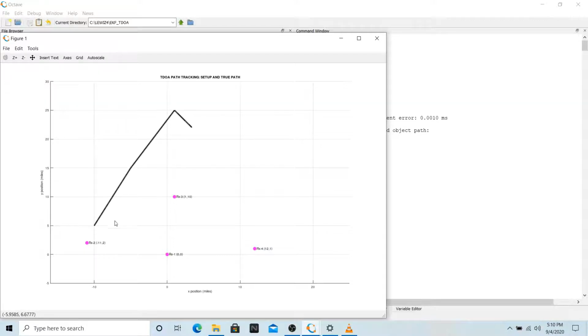The black line in the graph shows the true object path generated by the program. The magenta colored dots are the receiver stations placed across the map. All receivers are perfectly synchronized with each other within a scale of nanoseconds. At any given position of the signal source, each receiver station receives the same signal from the source at slightly different times.